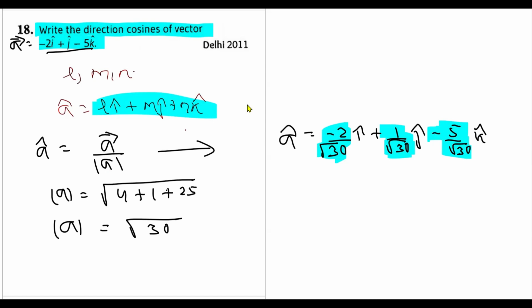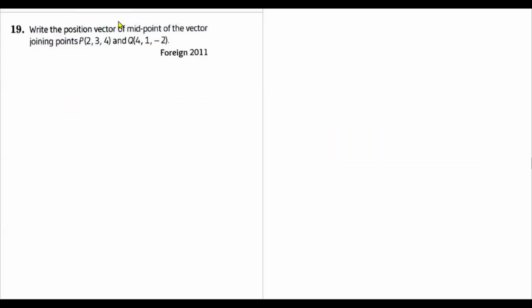So we can say that the direction cosines are minus 2 over under root 30, comma, 1 over under root 30, comma, minus 5 over under root 30. This is our answer.